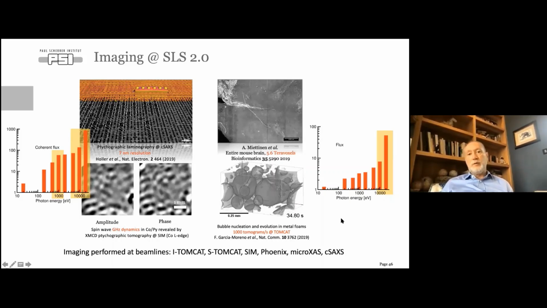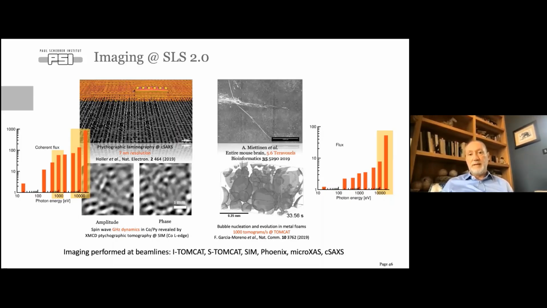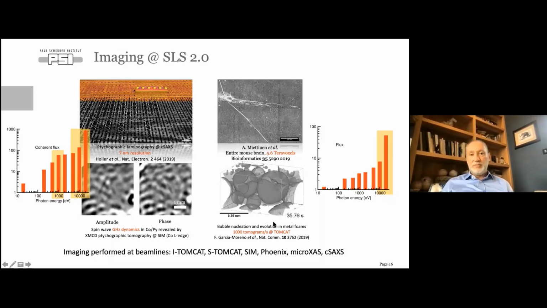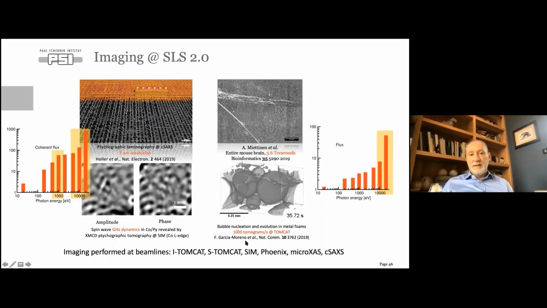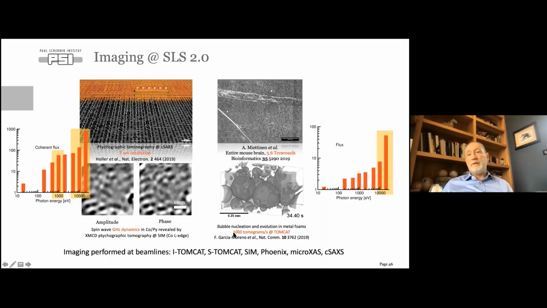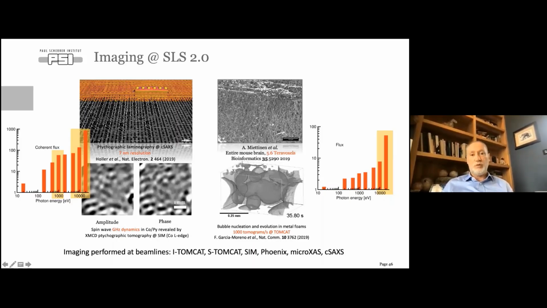In the past, we always showed the fly's muscles, but this may not look quite as exciting as the fly. Here we're recording 1,000 tomograms per second. This is not 1,000 images per second, this is 1,000 tomograms.